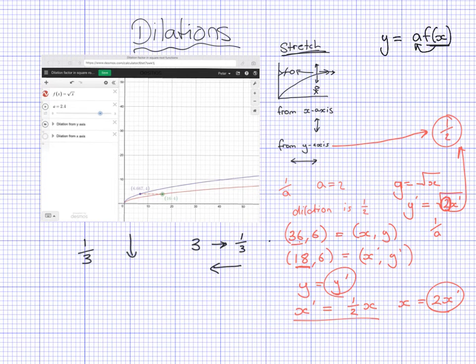Dilation from the y-axis happens inside the function before anything else happens. So this is from the x-axis, and this is from y. All right, the y-axis you have to read as 1 on a. You cannot read as the original a value.